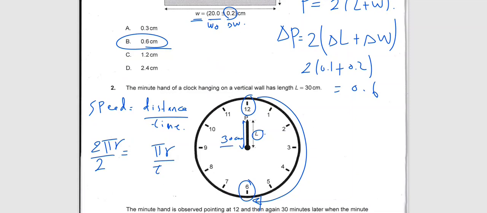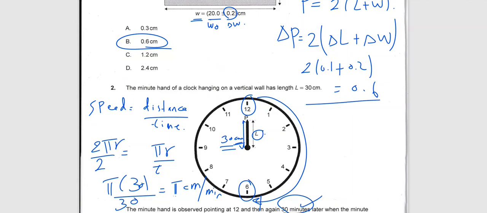The radius is 30 centimeters, so it will be pi times 30 divided by 30 minutes. Time is 30 minutes, so divided by 30. So this will be pi, approximately 5 centimeter per minute, because this one is minute. This is the speed.